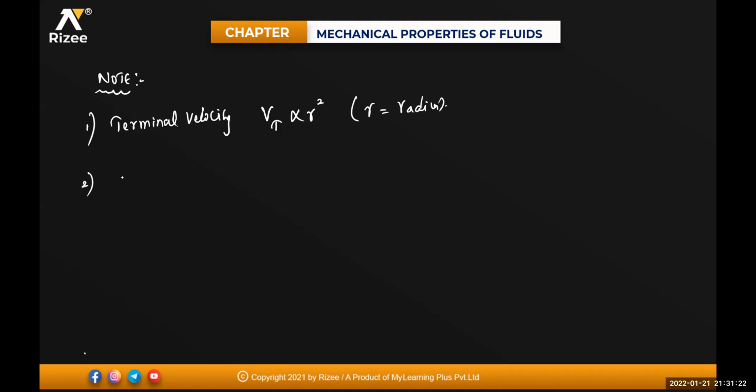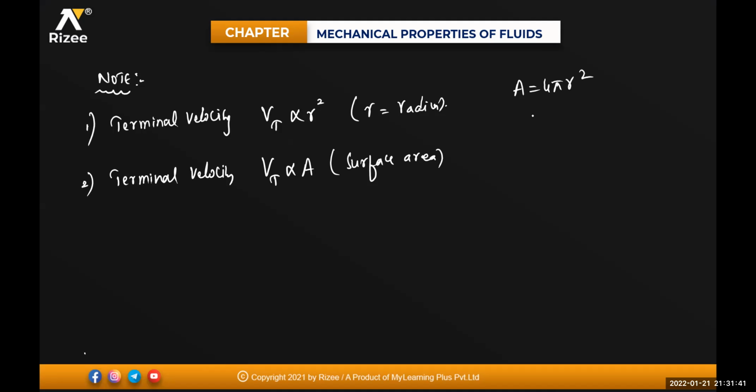Number 2: terminal velocity Vt is directly proportional to A, where A is the surface area, because area is equal to 4 pi r square. So area is directly proportional to r square, so I can say terminal velocity is also directly proportional to the surface area.